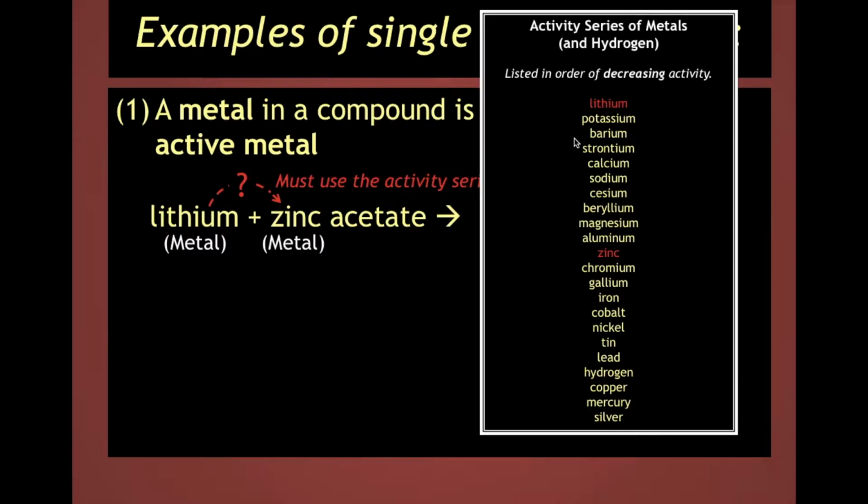So the metals on top are the most reactive, or you can picture them as the most attractive guy, and whoever is the most attractive or reactive will take the place of all of these other metals. So lithium is the most reactive, so this element will always take the place of all of these under here.